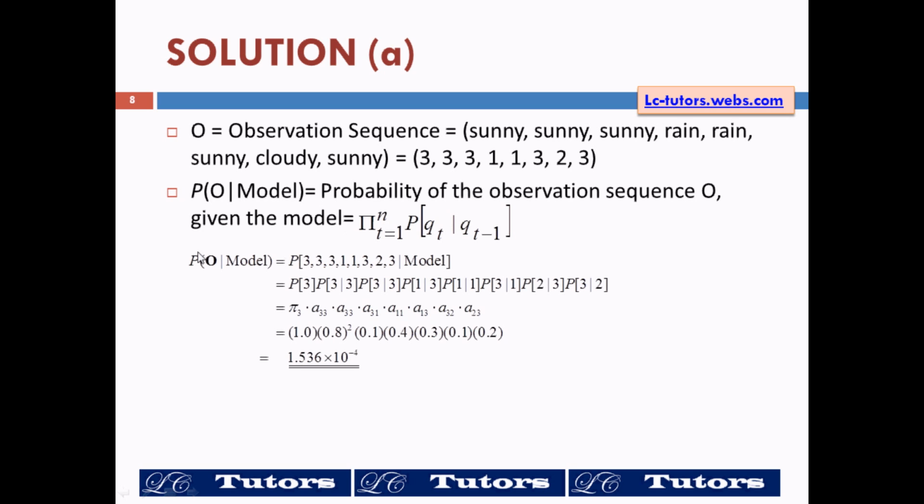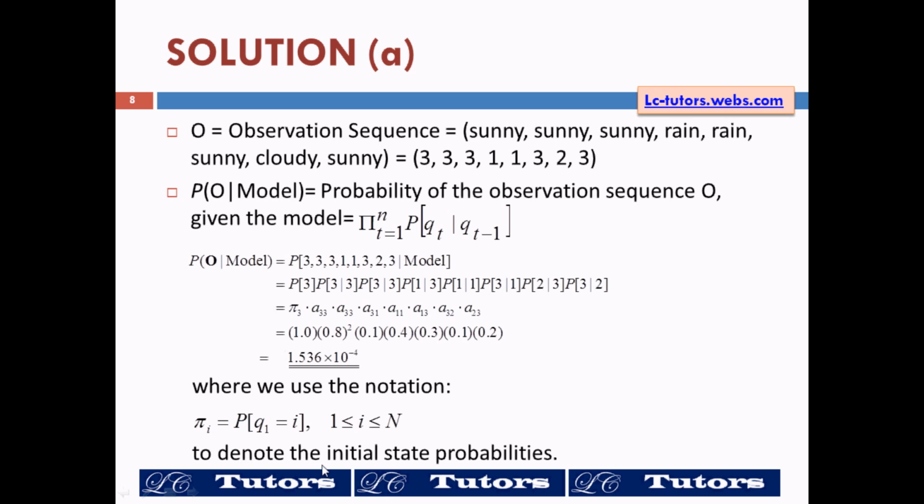This is the answer: the probability of the observation sequence 3 3 3 1 1 3 2 3 given the model. The first probability is the initial probability π3, where we use the notation π_i to denote the initial state probability.